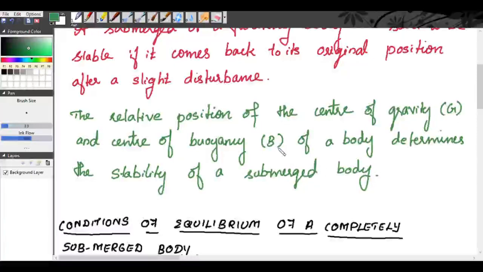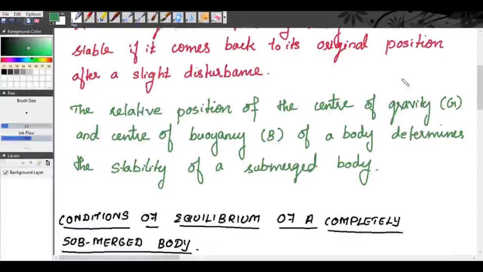The metacenter depends on the center of buoyancy; it occurs when the center of buoyancy changes its position as the body is tilted. So if you know G, B, and M, then you can say whether the body is in stable, unstable, or neutral equilibrium. Now we will go one by one.